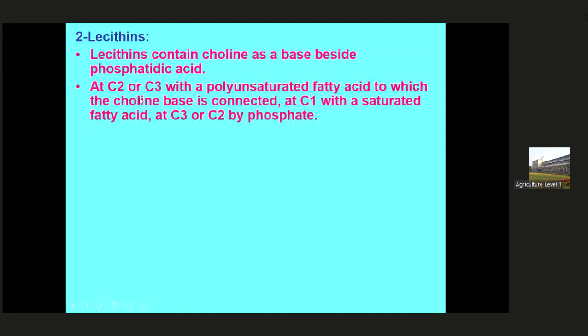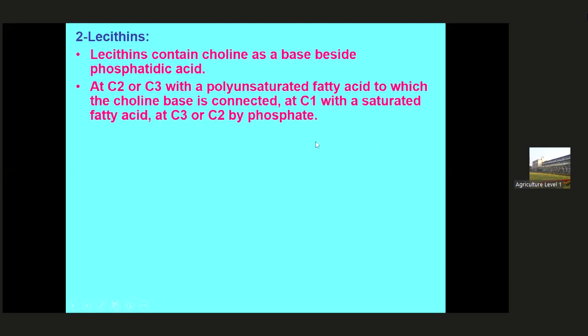Polyunsaturated fatty acid is at C2 or C3, with choline connected at the other position, and at C1 there is a saturated fatty acid. The choline may be present at C2 or C3, both can be, but C1 is absolutely for the saturated fatty acid.